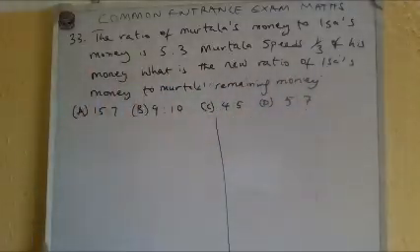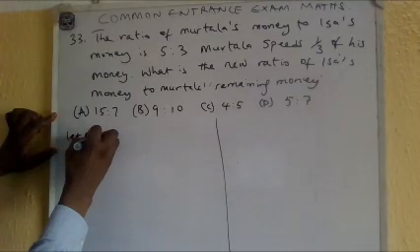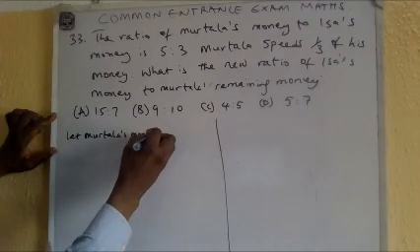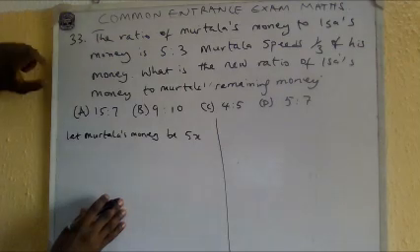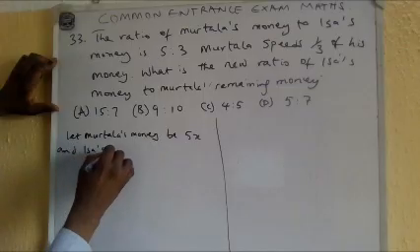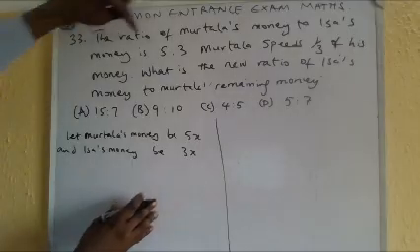So let Murtala's money be 5x and Isa's money be 3x. Initially, that's 5:3.